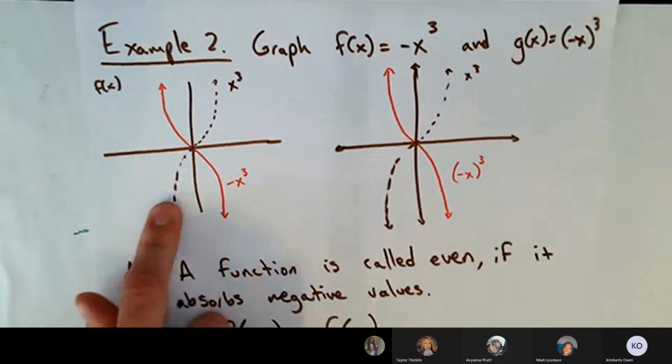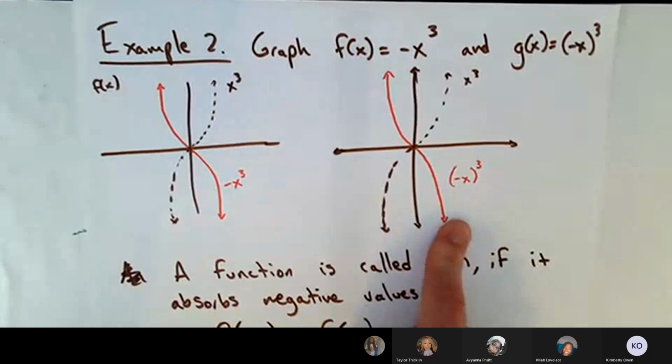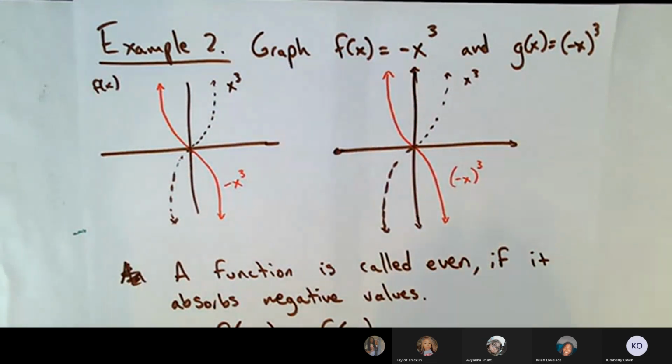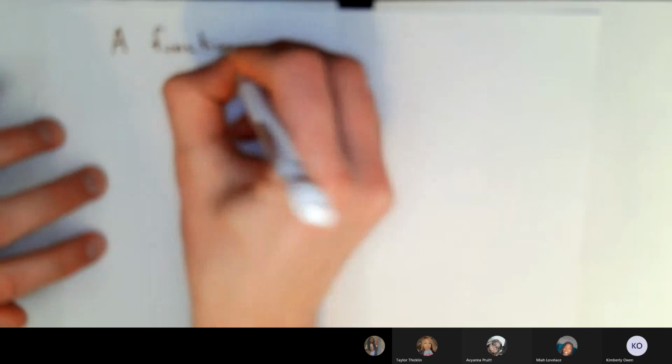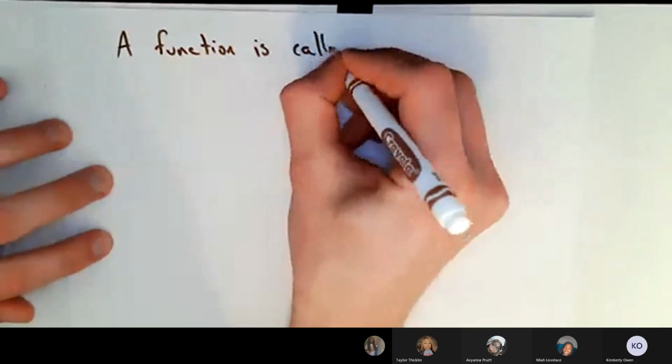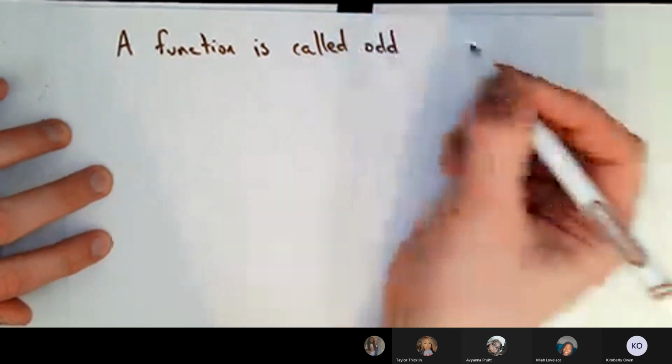So reflecting over the x-axis is the same as reflecting over the y-axis. That should be what we expect from this next definition for odd functions. Let's walk through that now. So a function is called odd if what?